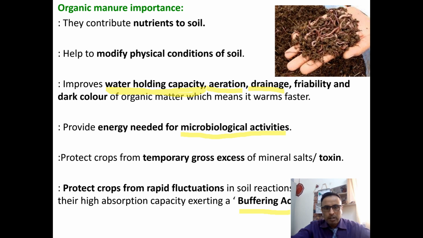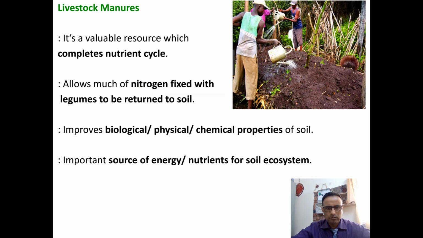Apart from it, organic manure contributes nutrients to the soil, which is a general term, but other effects are improving the soil stability, buffering action of soils, and increasing the microbiological activity of soil. These are the main things that the addition of organic manure does in a soil.